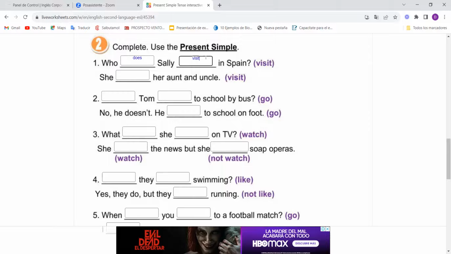A ver. Sería el es de la 1. Who does Sally. Yo creo que es, yo eso creo que era visit, nada más. Porque como ya estaba utilizando el auxiliar.